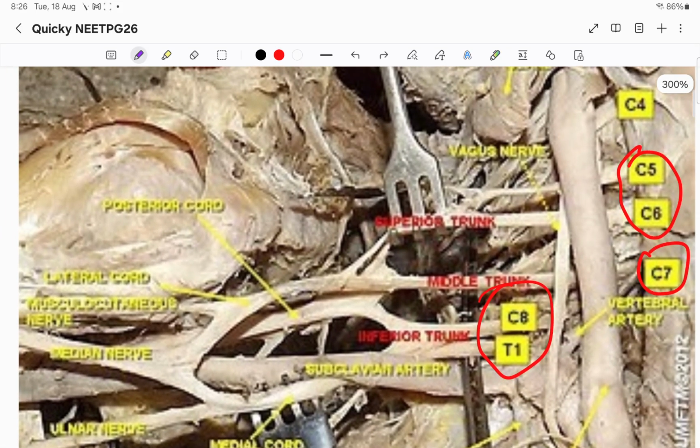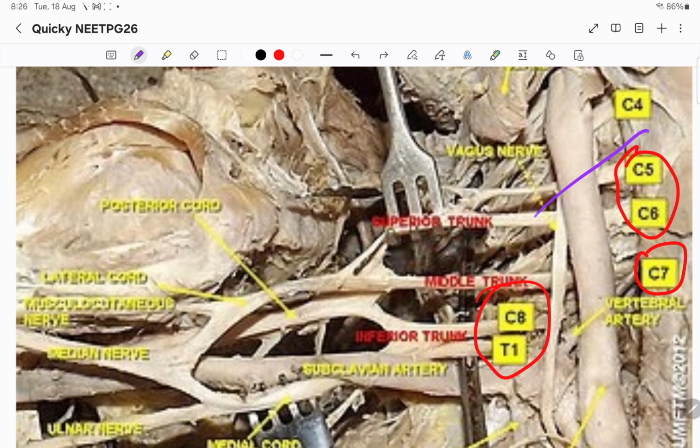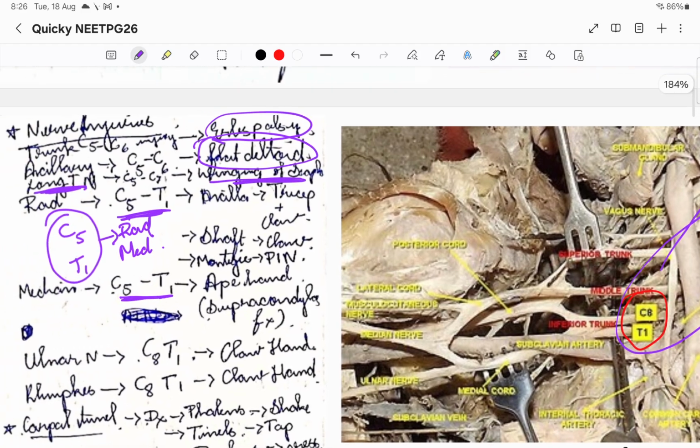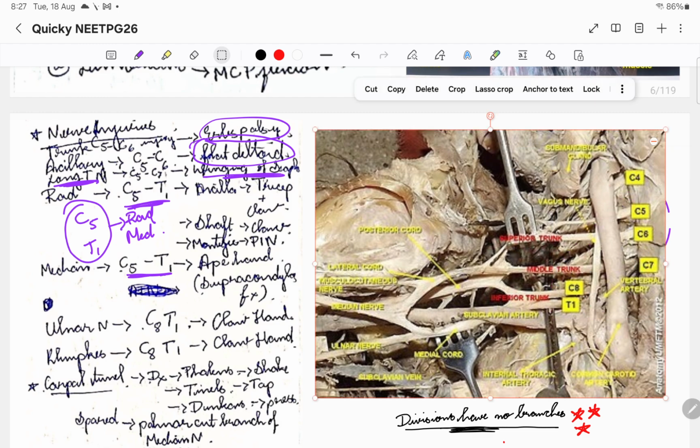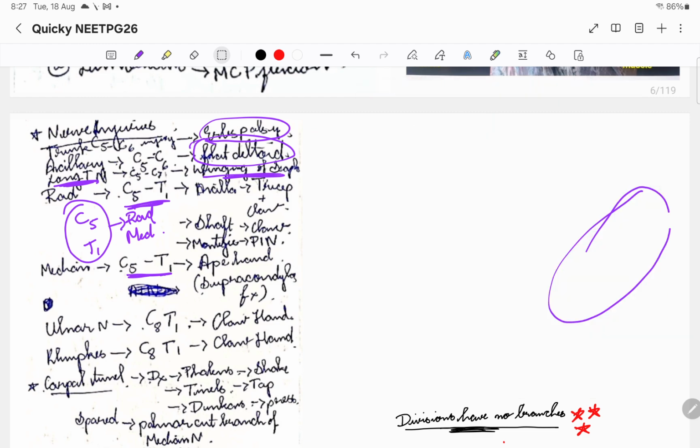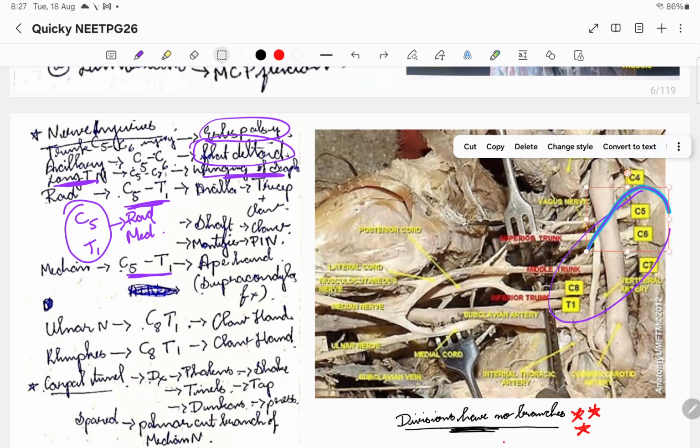So see here also, from C5 to T1, all the roots will have the branching of median nerve and radial nerve. It is very unlikely that we get to see damage of the roots; rather we get to see the damage in the branches of the median nerve and radial nerve.